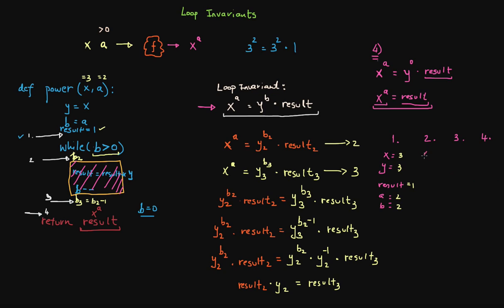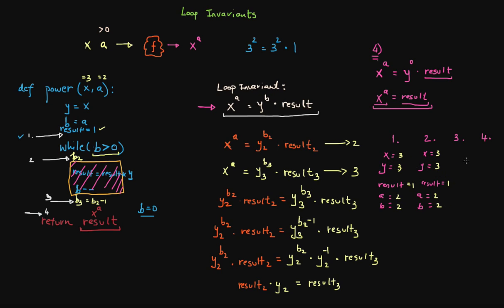I still have my x, y, and the result, and a and b, all just being carried forward from point 1. So these values are still 3, 3, 1, 2, and 2.